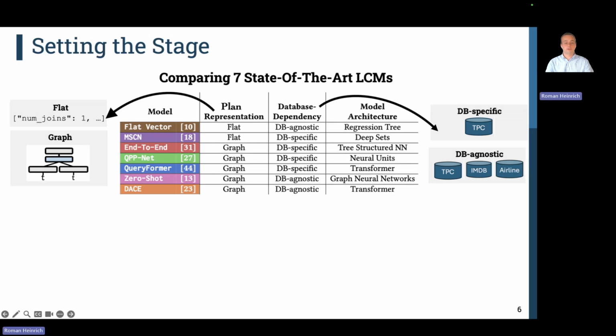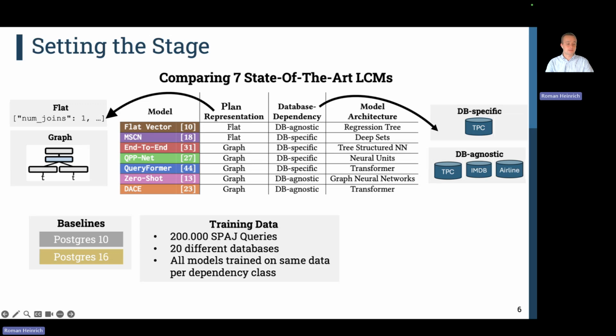Finally, we have a broad range of different model architectures, ranging from regression trees and deep sets up to graph neural networks and transformers. We compare our learned cost models against two baselines, which are Postgres 10 and Postgres 16. We train our models on 200,000 selection, projection, aggregation, and join queries that were run on 20 different databases.